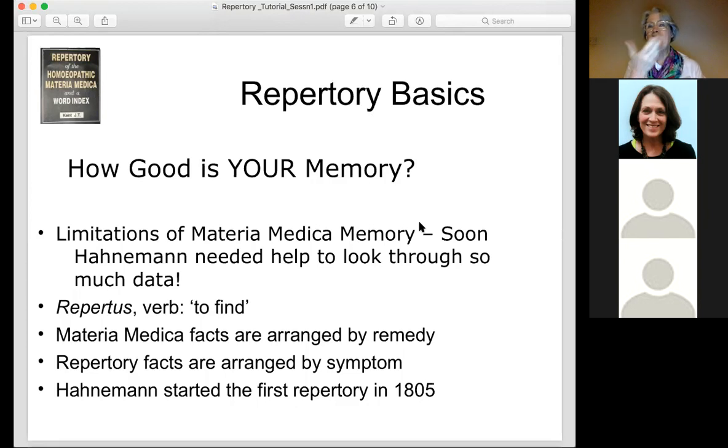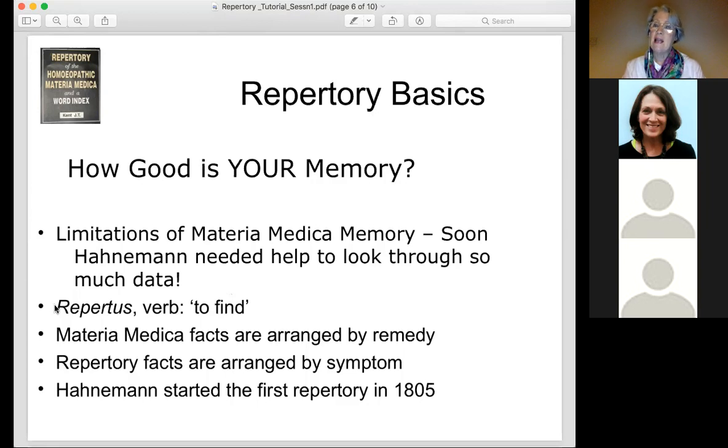But you know what? We never use them by remedy. When somebody walks in and says, I need help, they don't say, I need dulcamara. They come in and they say, I have this symptom and this symptom and this symptom. But that's not how our Materia Medica is arranged. And soon Hahnemann was running into the limits of even his very capable memory.